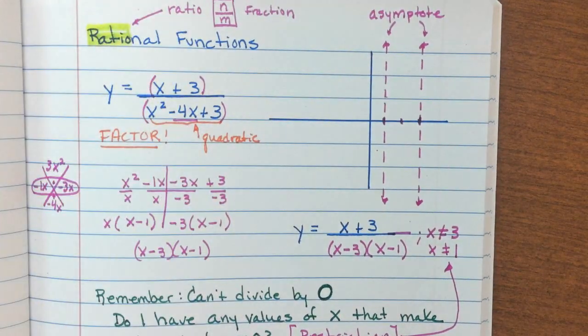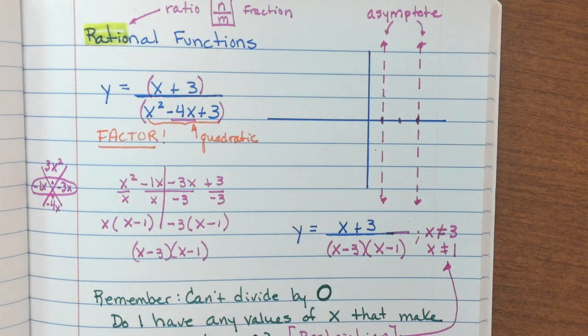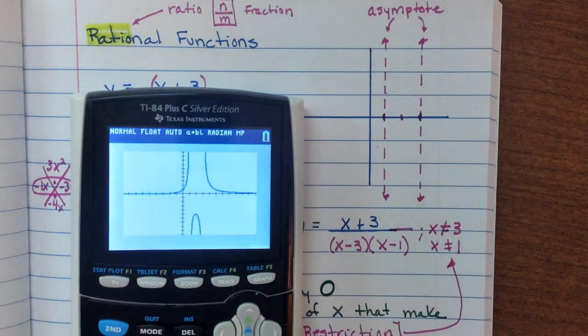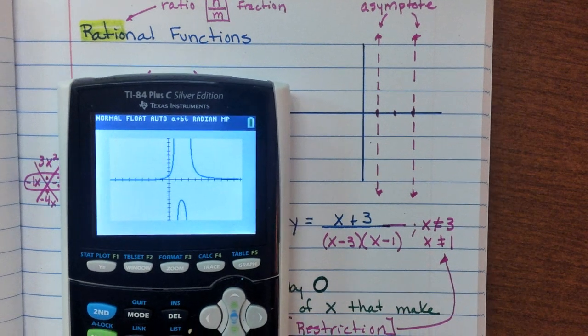And my function cannot cross or touch the asymptote. So if we were going to go ahead and graph this, just for the sake of ease, we're going to put it into our calculator. And when we put it into our calculator, that is what this function looks like.